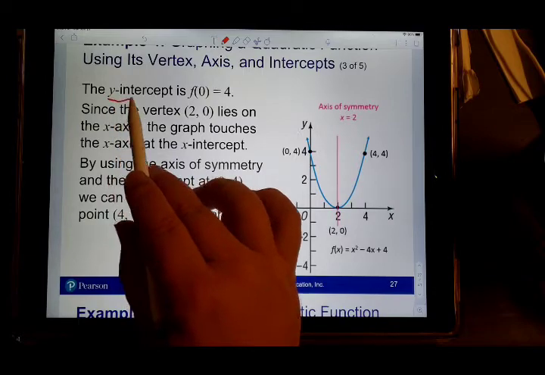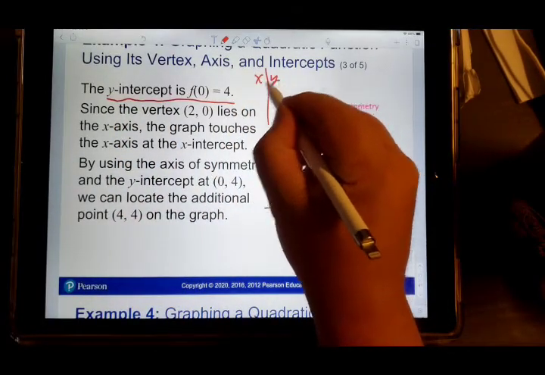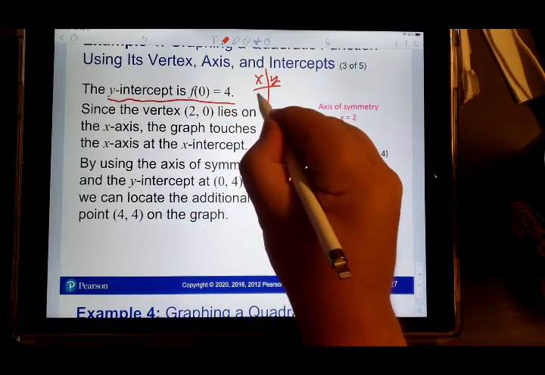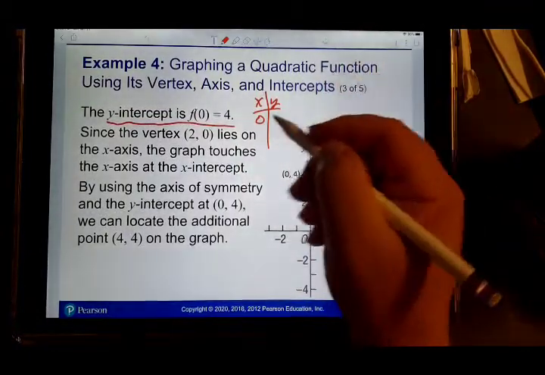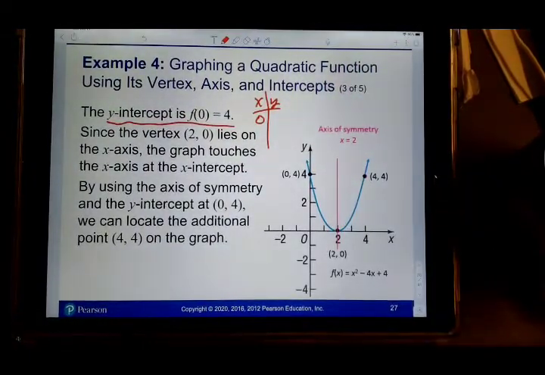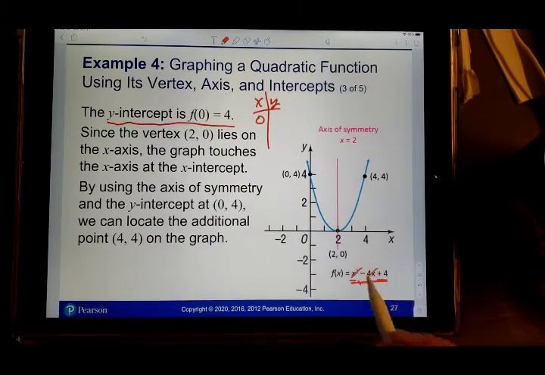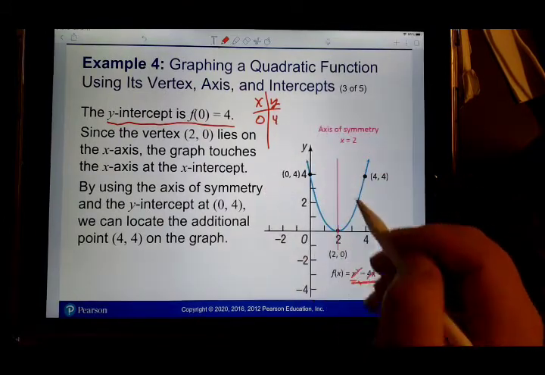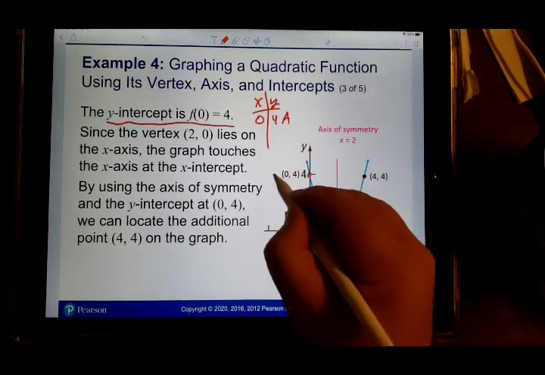To find the intercept, let me make a little table here. You're going to put in x equals 0, and you're going to calculate the y value from that formula. And if you calculate the y value by plugging in 0, that's 0, that's 0, I get a 4. So that's the intercept. We'll call that point A.